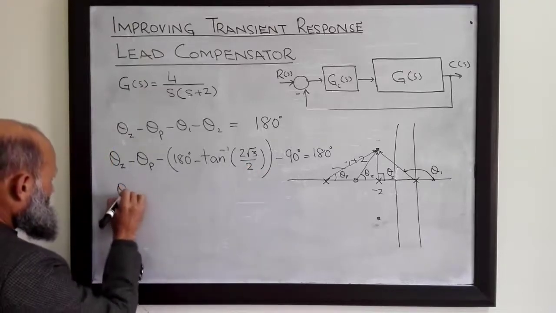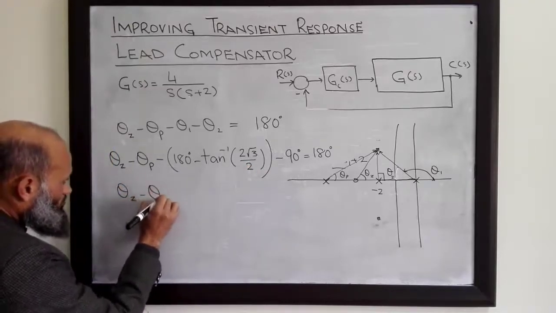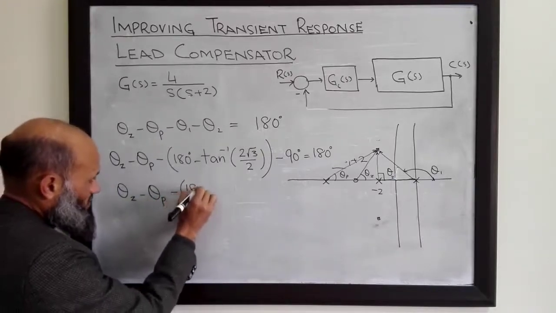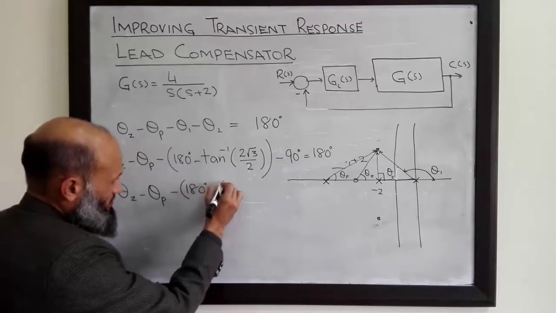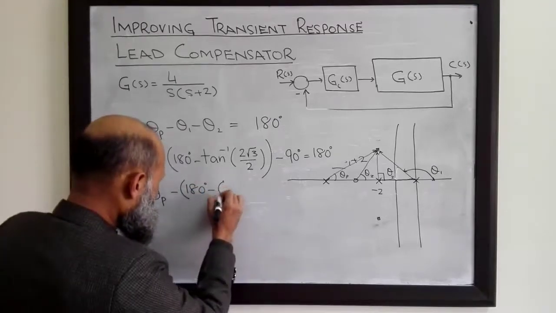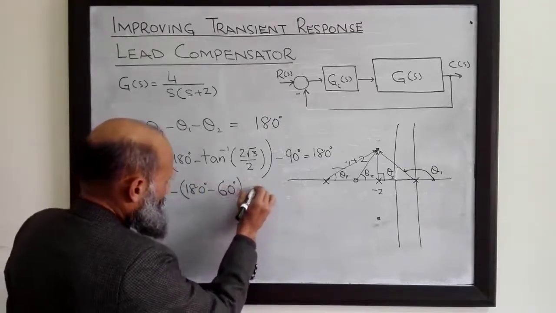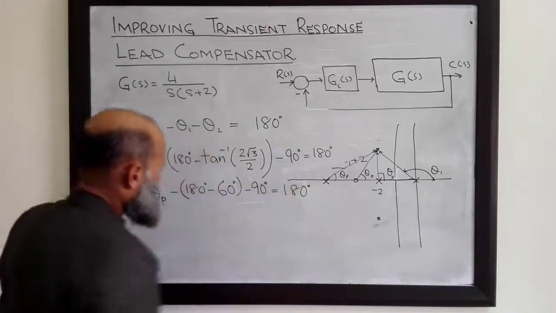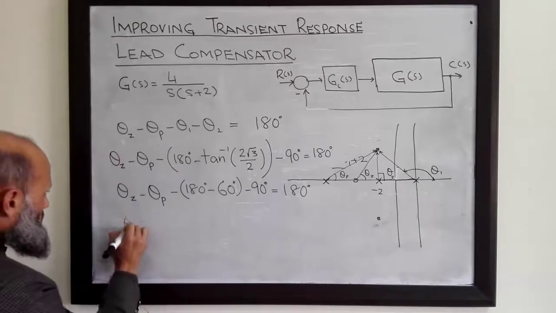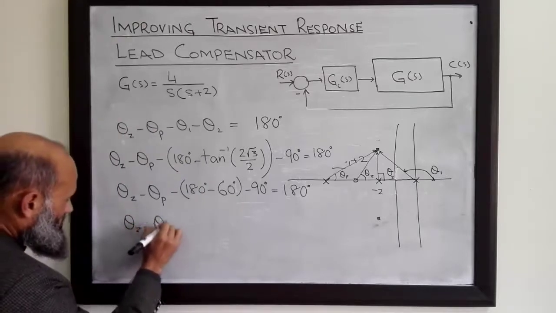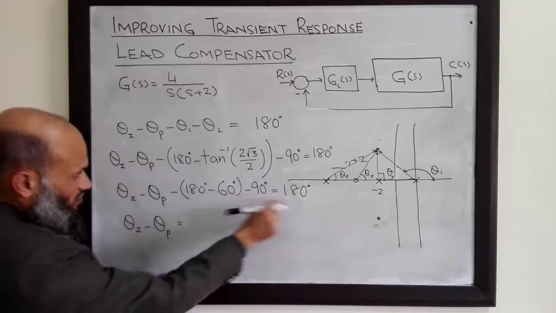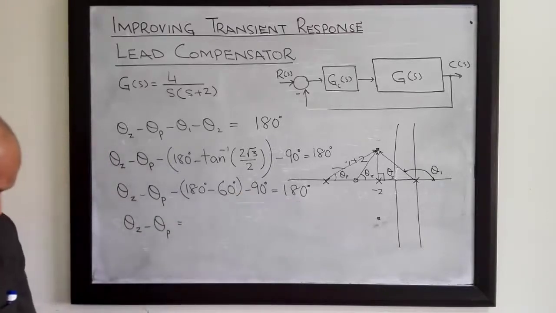So theta z minus theta p minus, 180 degrees minus this is 60 degrees, minus 90 degrees. We want it to be equal to 180 degrees, which is equal to theta z minus theta p. If I bring all these terms to the right hand side, this is positive and then negative.